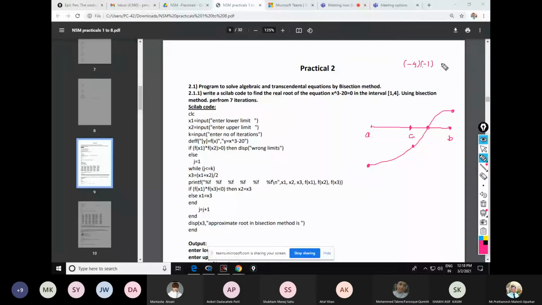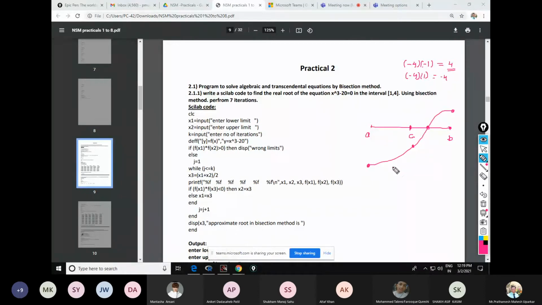Negative into negative, will the product be positive or negative? Multiply both: -4 into -1 is +4. So you get a positive number, but if I have one negative and one positive, I will get the answer as -4.